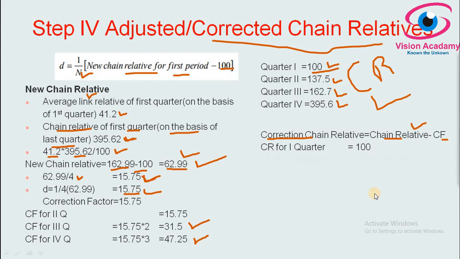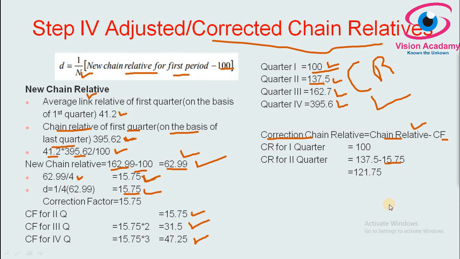For the second quarter, the chain relative is 137.5 minus the correction factor of that quarter, 15.75, which gives 121.75, the corrected chain relative for the second quarter.